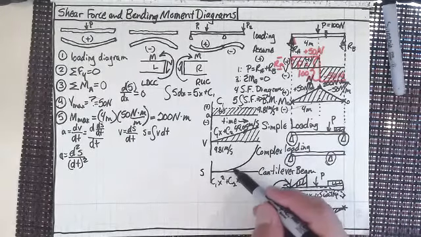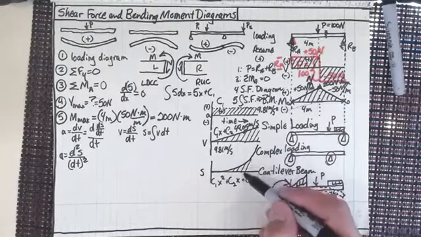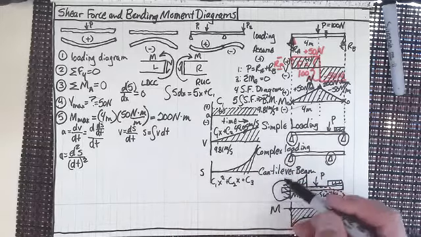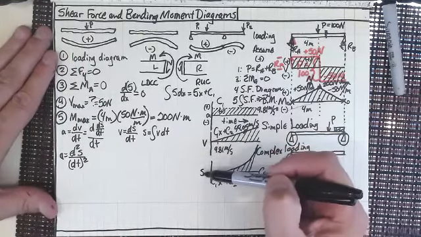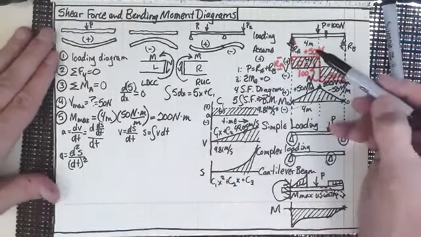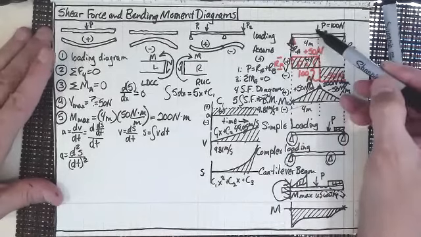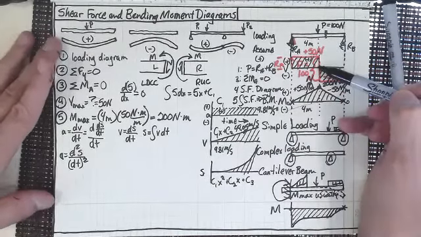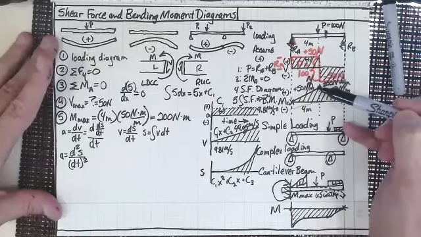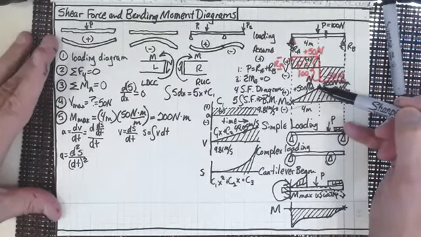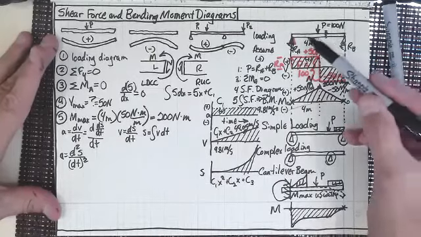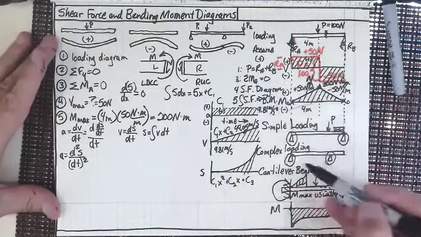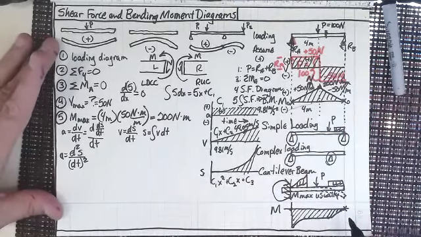And so that's s. And so we're really doing the same thing with this. a, integrate to v, integrate to s, as we're doing with this loading diagram, integrating to shear force diagram, integrating to a bending moment diagram, right? And then we'll use initial conditions and boundary conditions to figure out what all of these are.